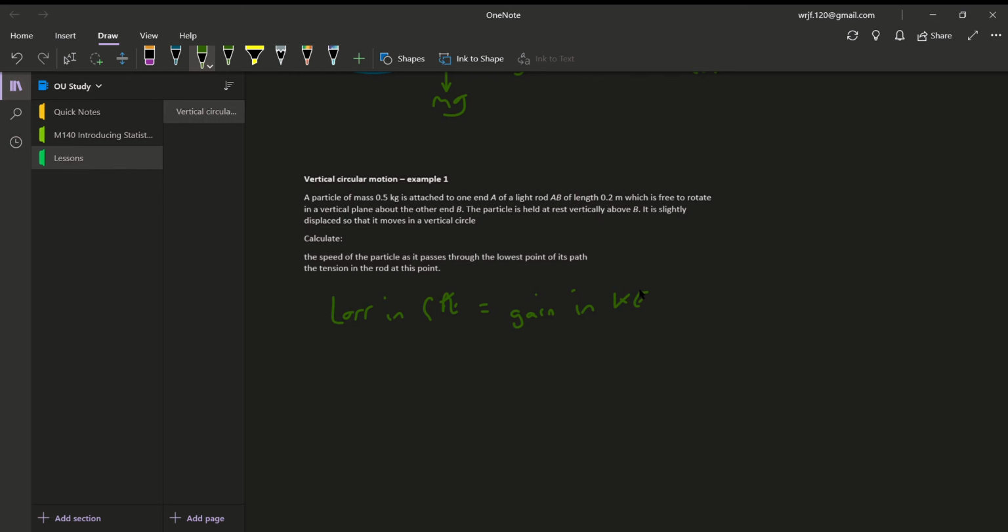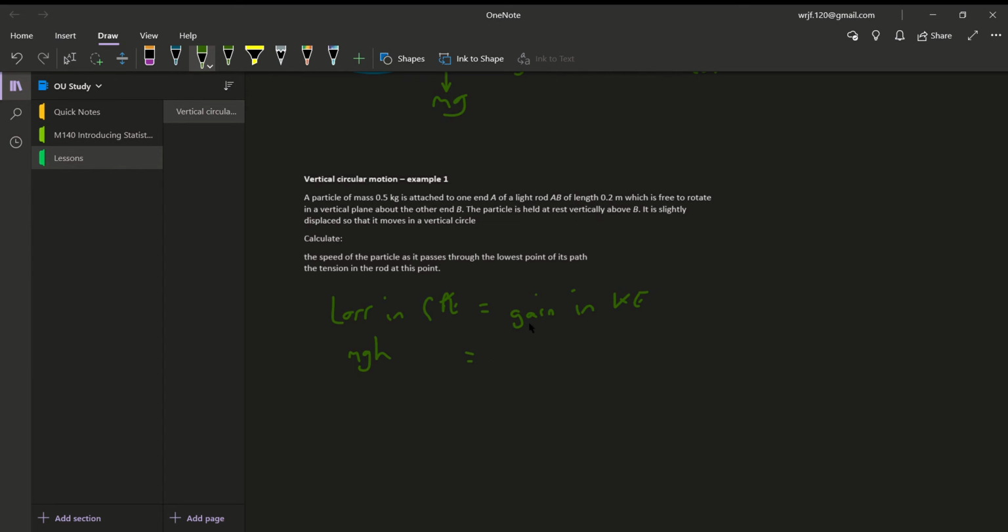So if we choose the bottom of the circle to be the 0 level, then we can just treat this as a single term rather than an mgh minus another mgh. We can just treat it as an mg delta h kind of thing. So this is just going to be a single term with the h being the total height of the circle. So we've got loss in gravitational potential energy being mgh, gain in kinetic energy.